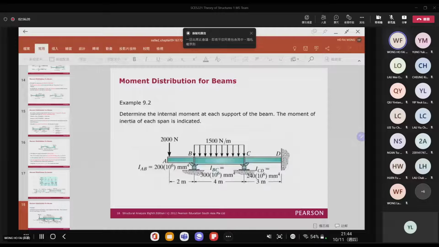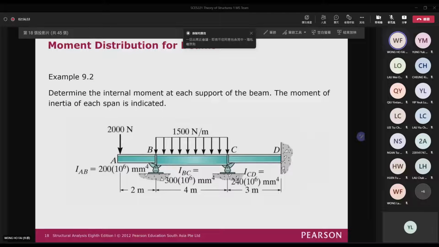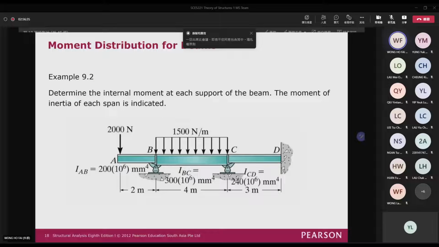So actually, the case can also be applied to a member with a cantilever. Now you can see that for this example, we have members MAB, MBC, and MCD.